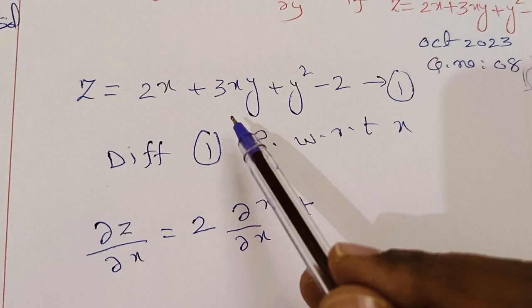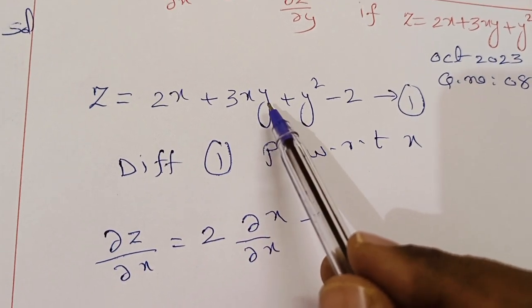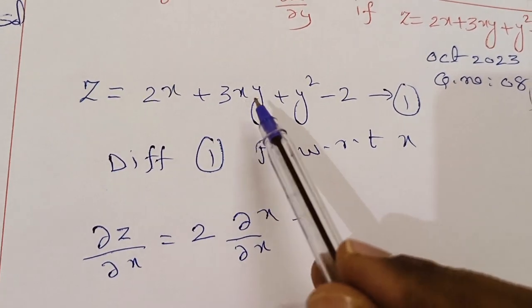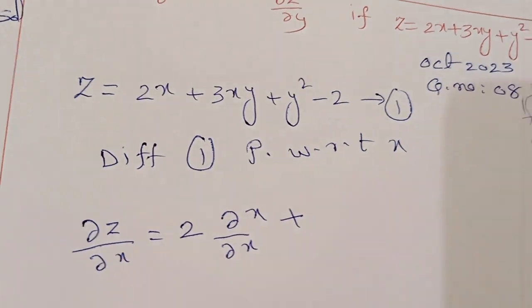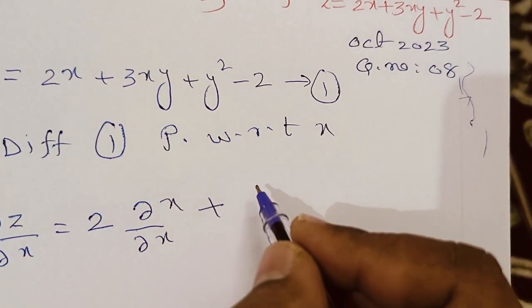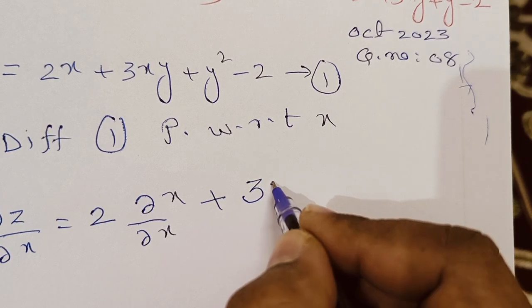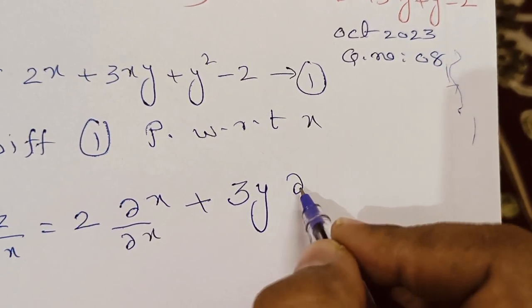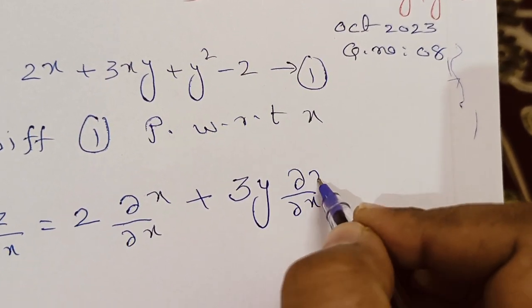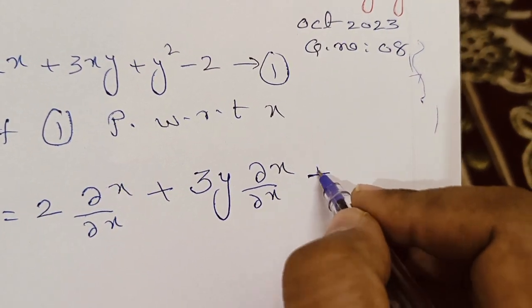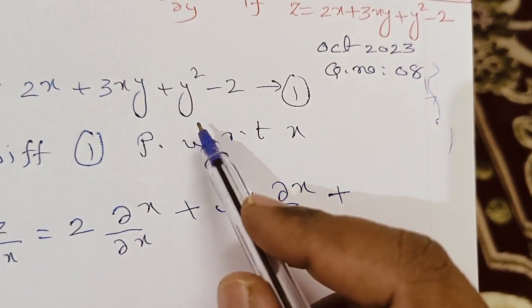Here we are differentiating with respect to x. We have 3 and y also. So this 3 and y are the constant terms. So we will write before the derivative 3y into dou by dou x of x plus in this term we don't have x term.